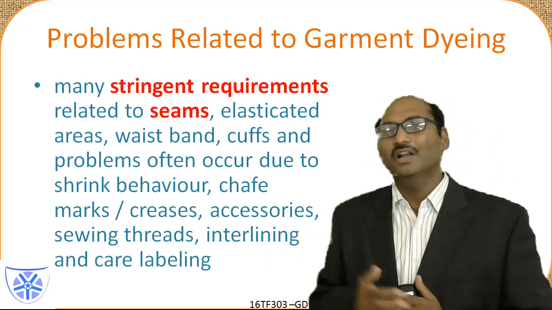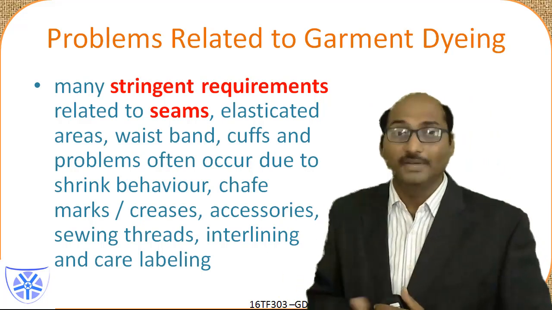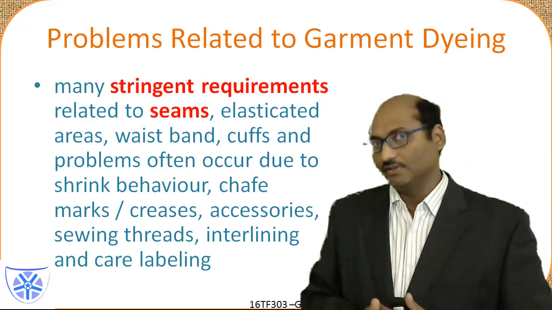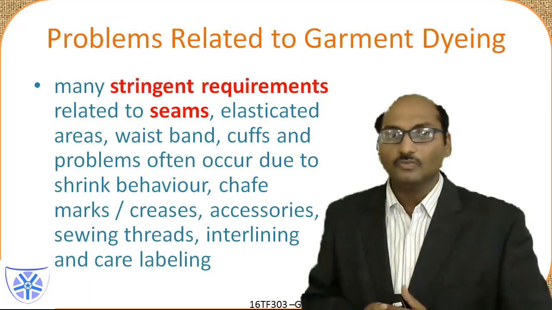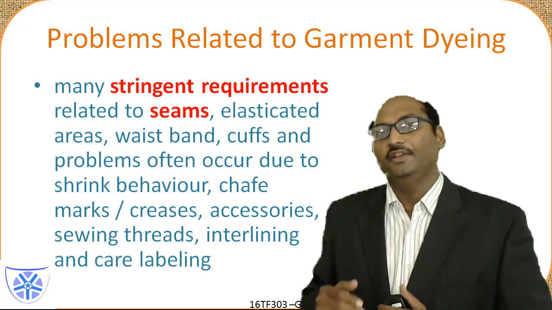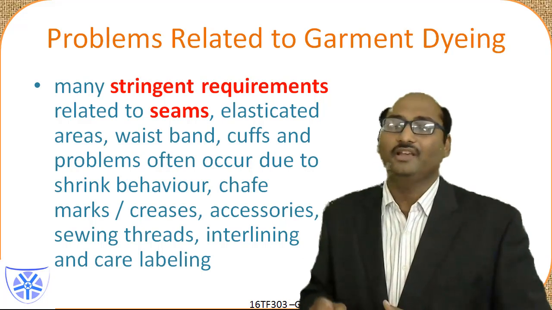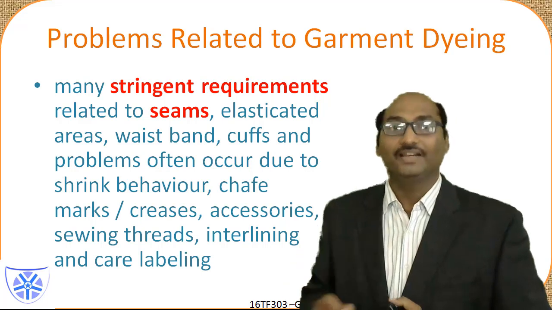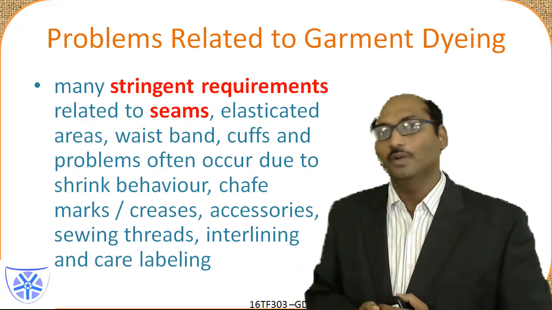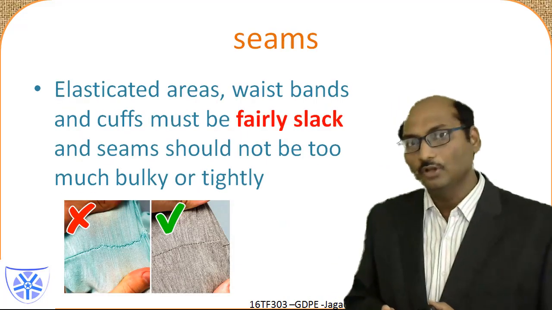Chafe marks are nothing but abrasion marks, which cause hairiness or sometimes pilling and creases. And for accessories, sewing threads, interlinings and care labeling, we need to take extra care while selecting each of these materials. So that is one of the problems associated with garment dyeing.